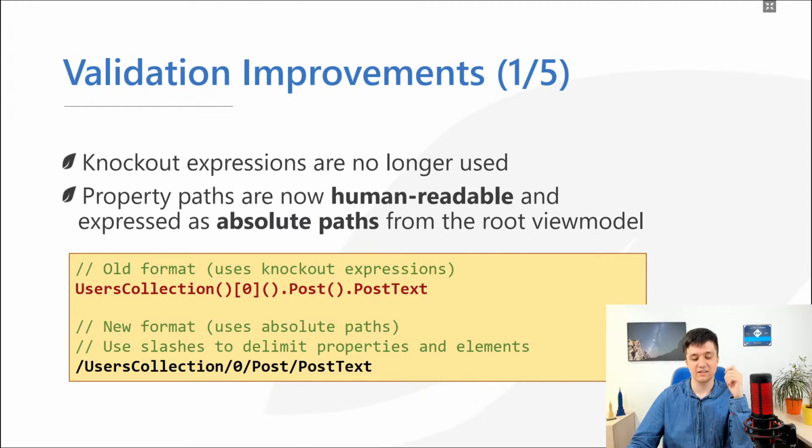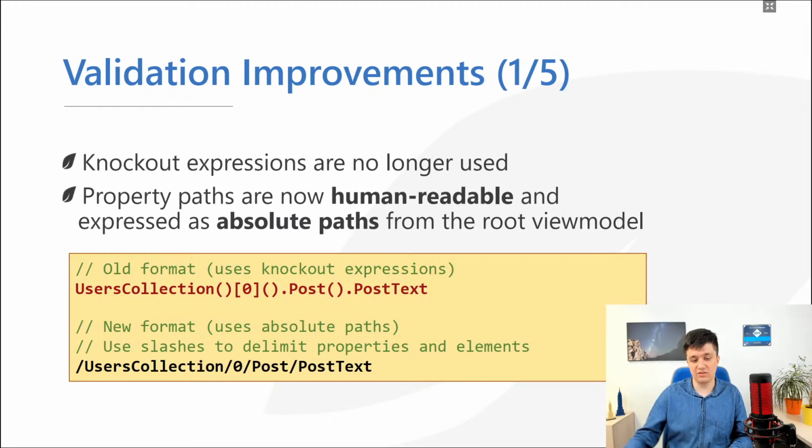and it has some other important features as well. It is unambiguous because those paths are always expressed from the root view model, so there is no ambiguity whether this is just a relative path and what is the context that we should evaluate this path on, and so on. So we basically redid how this works.